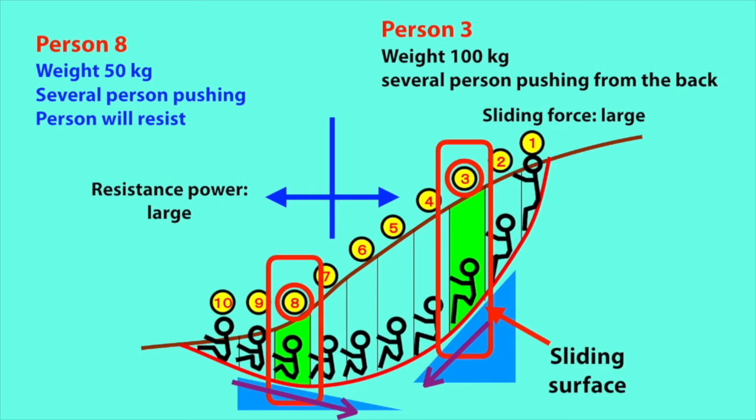Now we can calculate the total sliding force and the total resistance power of this experiment. If the sum of the sliding force is greater than the total resistance power, it will slip. Under ordinary conditions, when the resistance power is greater than the sliding force, the mountain is not slipping.